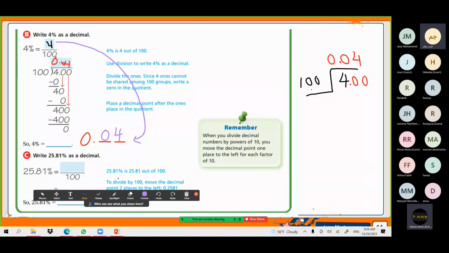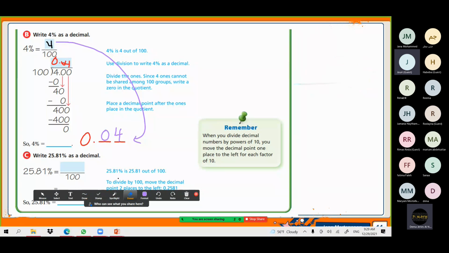Wait a minute, please. So here, 4 over 100, you ask yourself, how many zeros are in the 100? There are 2. You will put 2 digits, then you put the 4 starting from the right. Then it will be 0.04.